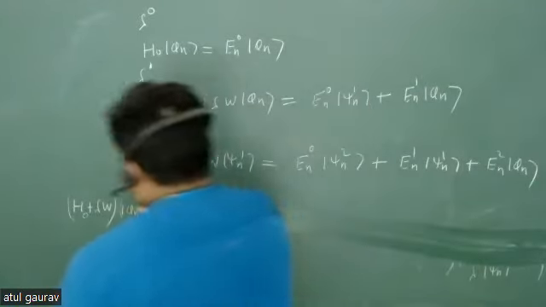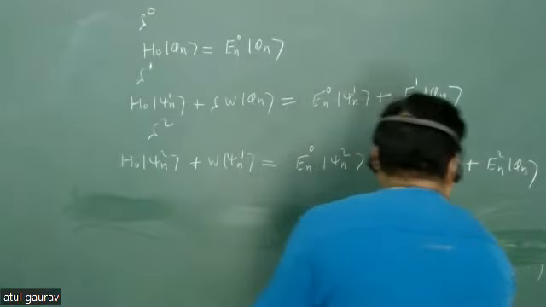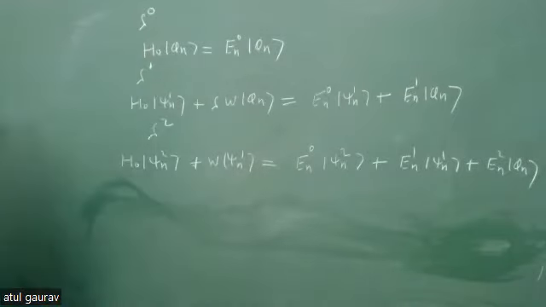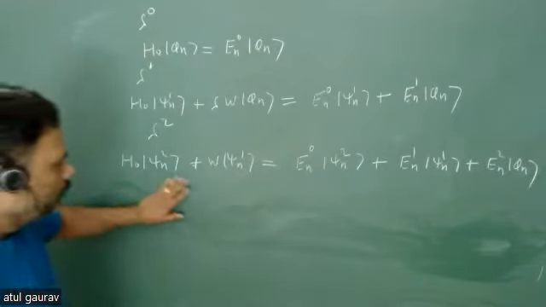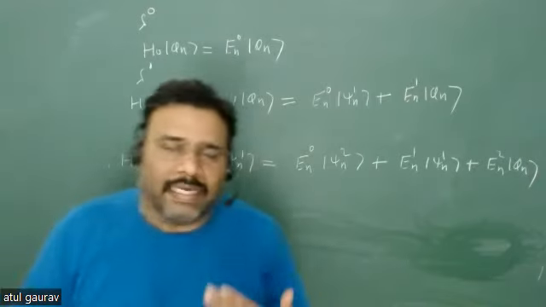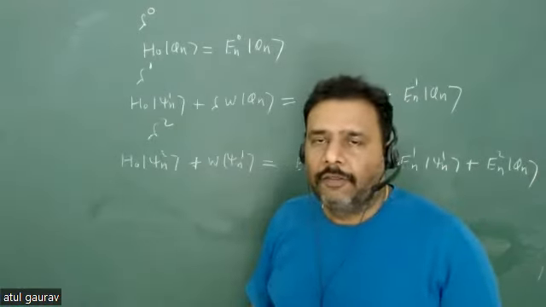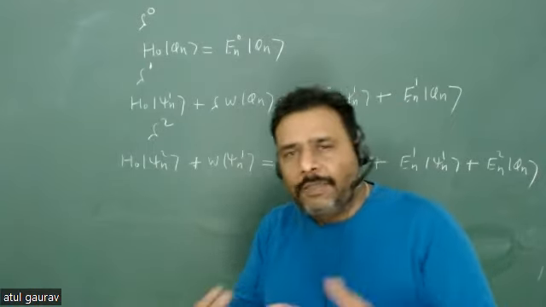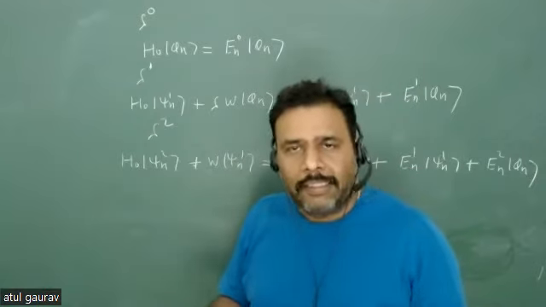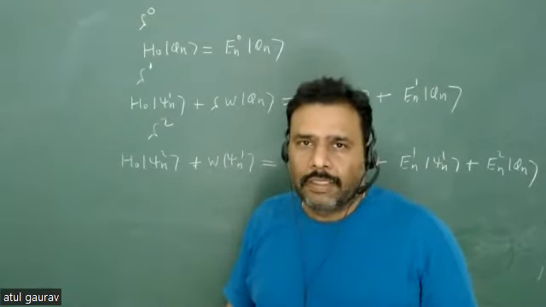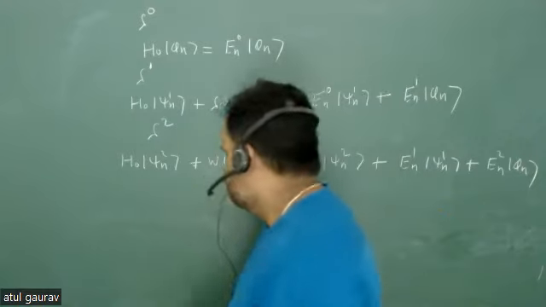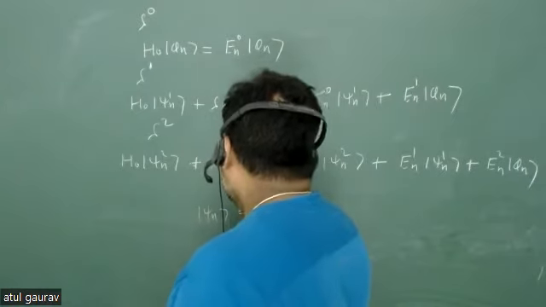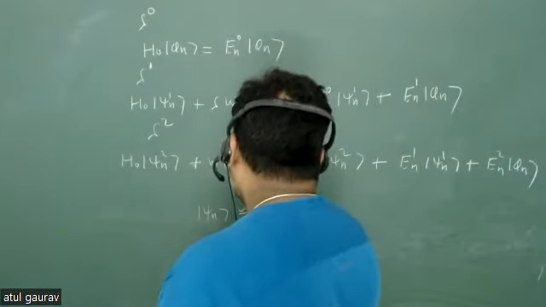What I am saying is that my lambda should be very small, such that my system will just behave like the original Hamiltonian, isn't it? That means, can I claim psi n is more or less equal to phi n?